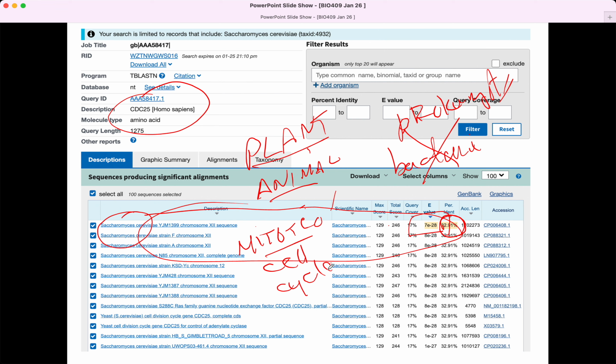Lots and lots of orthologs in all plants, all animals, and in single-celled eukaryotes. Because single-celled eukaryotes evolved the capacity to regulate the cell cycle like that. Bacteria divide differently, they divide by fission. So if we blast CDC25 against an even more distantly related species, a bacteria, we won't find it.